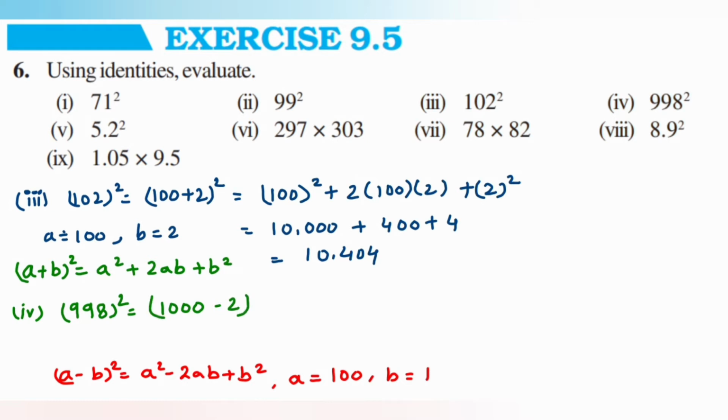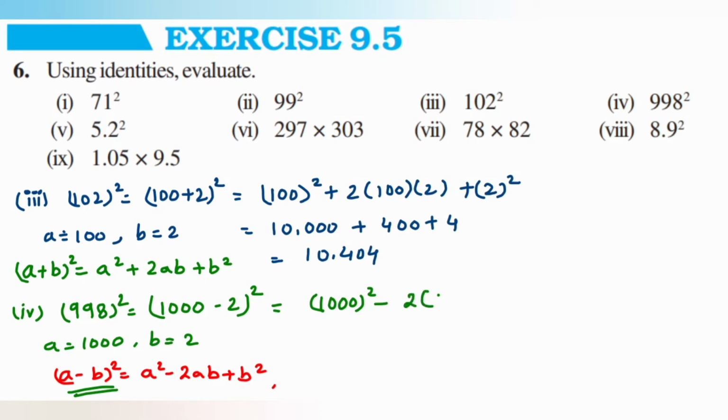Now again we're going to use the (a minus b) whole square identity, where a value will be equal to 1000 and b value will be equal to 2. Now we'll substitute in this identity. So we'll get 1000 square minus 2 into 1000 into 2 plus 2 square.